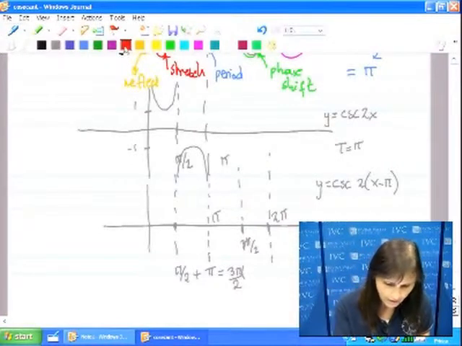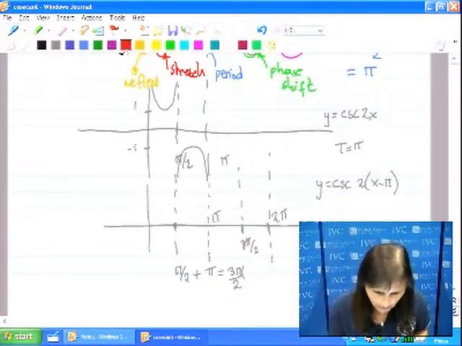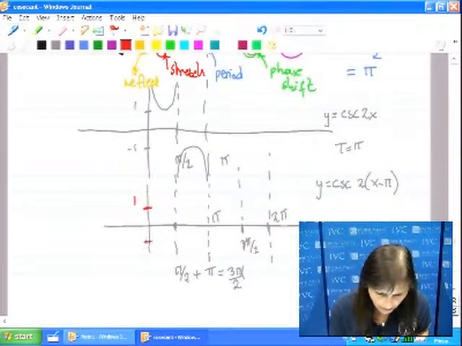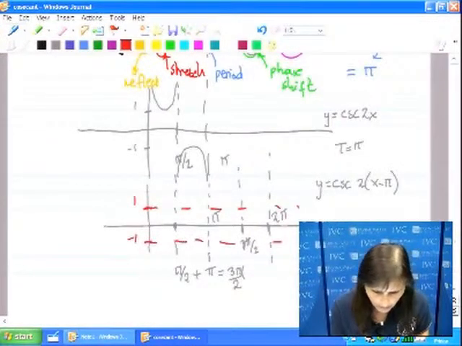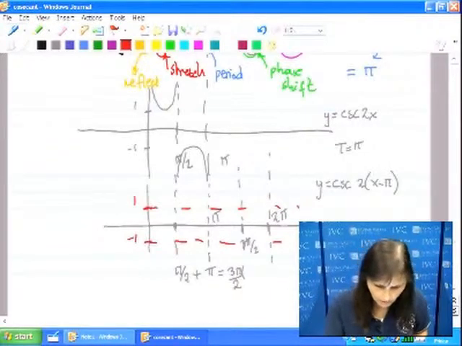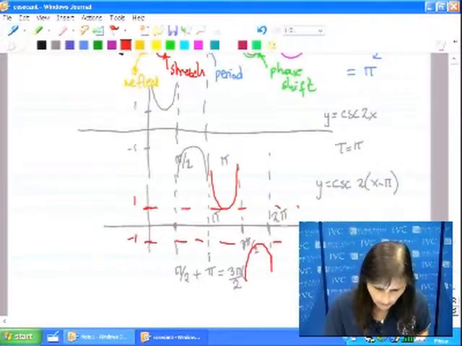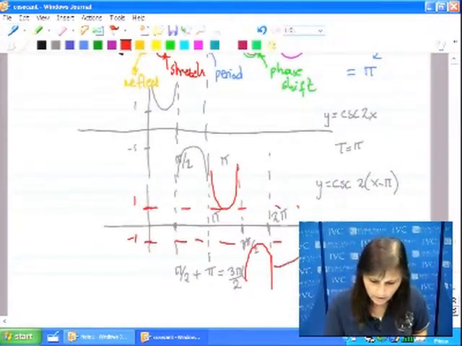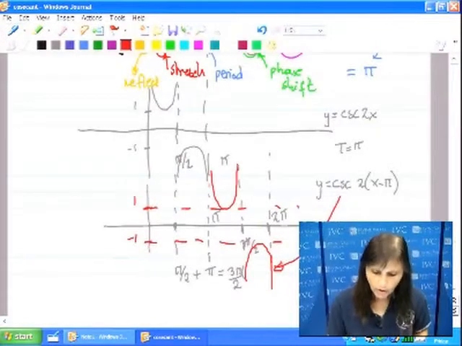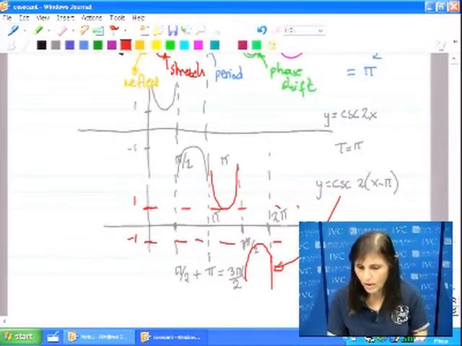So let's do that in red. 1, -1. Move everything to the right. Here we go. This is the picture of cosecant 2x minus pi.